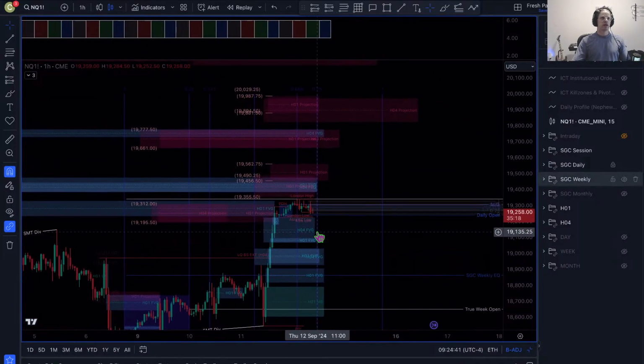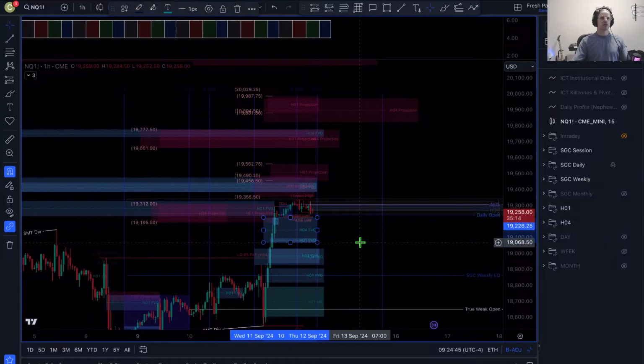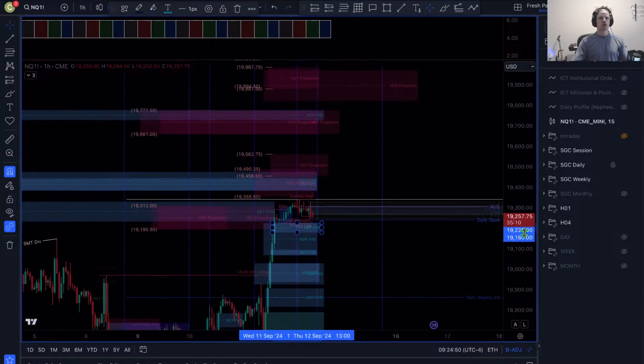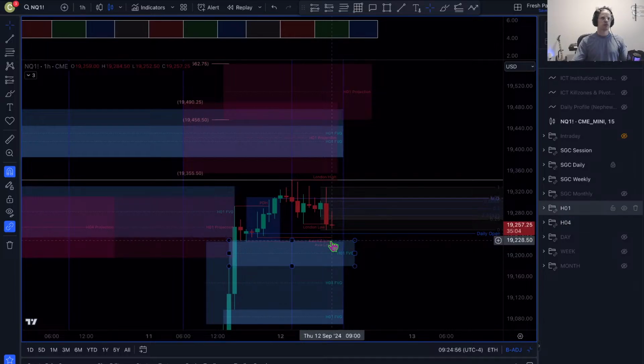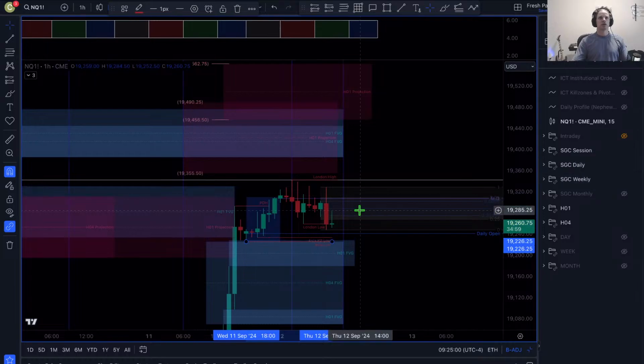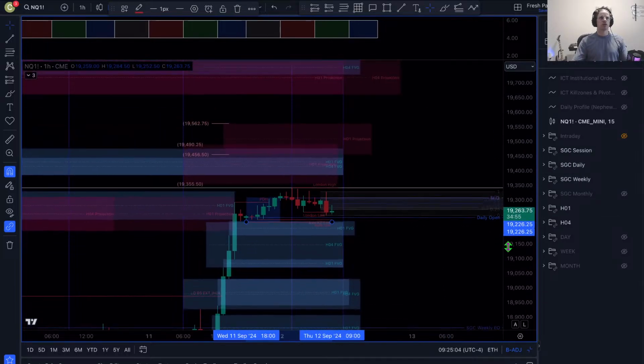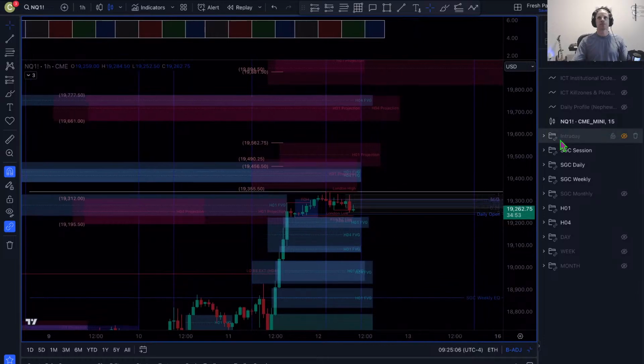Again, I can anticipate us getting the continuation out of this H4, H1 here. It'd be Ghost Protocol out of here. Right? So that Asia low. So there's a lot of confluence to us getting down there and then continuing the push up to meet some of those other projections.